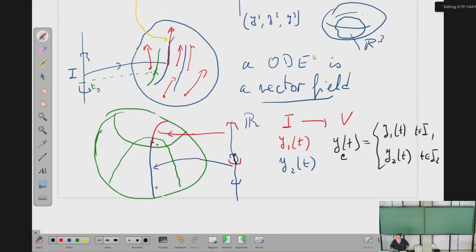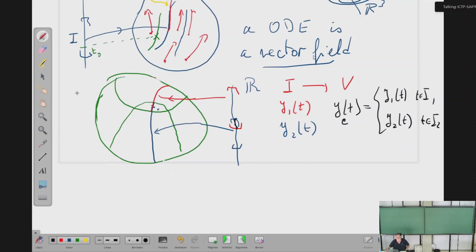Suppose this continues here on the manifold, in green, but my method of computing solutions finished here.